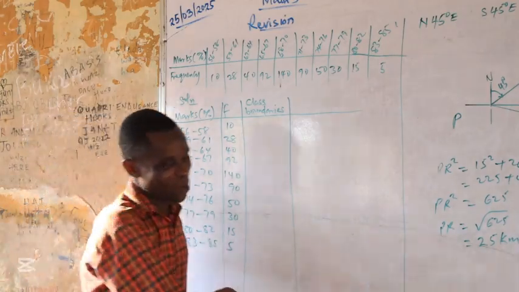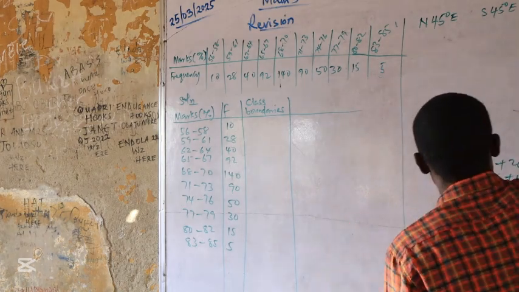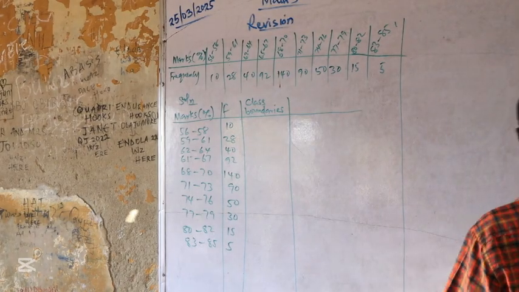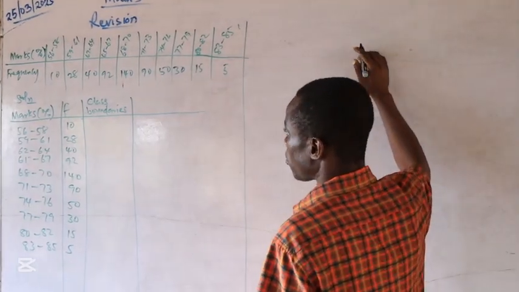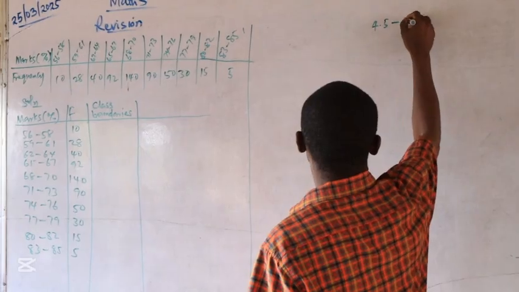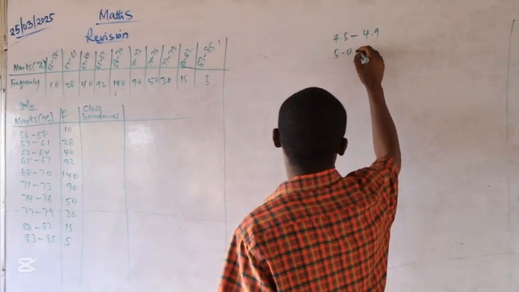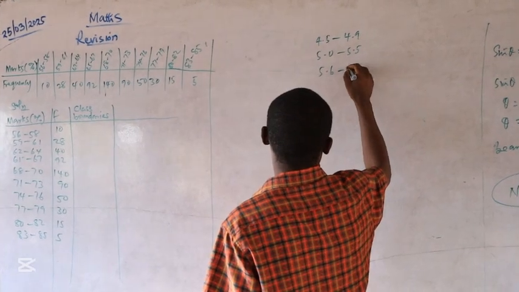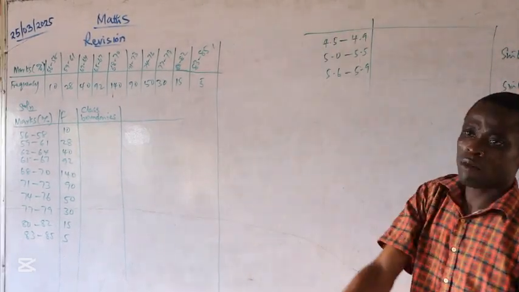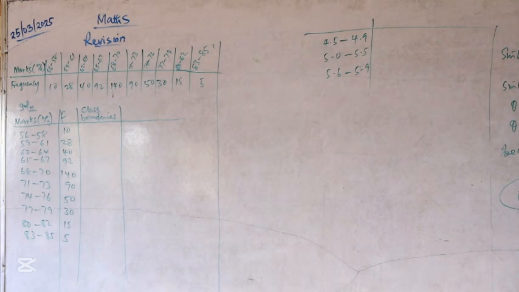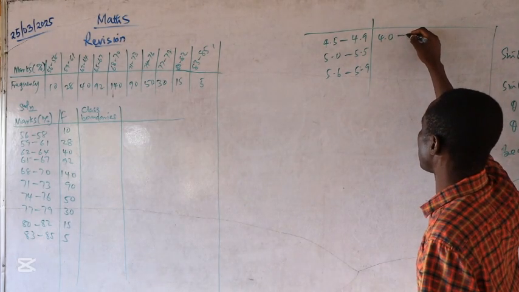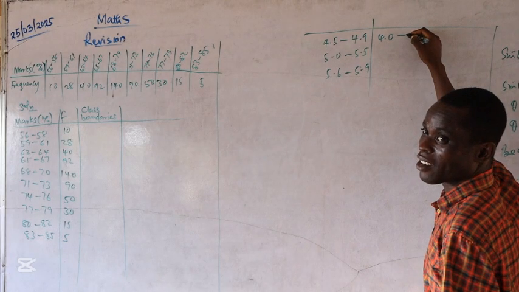Now let me take you back to this. If you now have this, give me the class boundary of this one. 4.0 to 5.4.